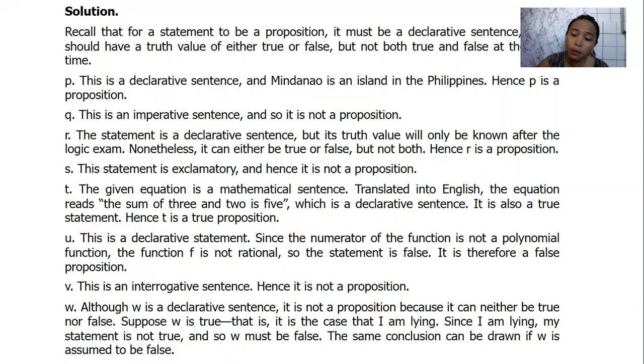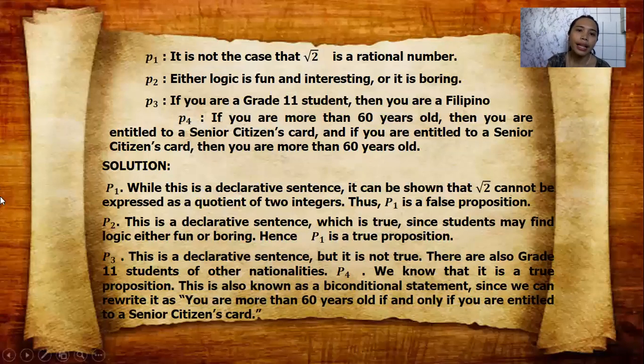But since the statement does not have any assumption, therefore it is not a proposition. A proposition should be either true or false. You cannot be confused whether it is true or false. You must be sure that it is true or sure that it is false. Okay? Let's proceed.